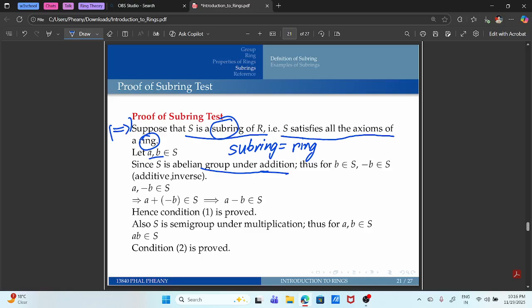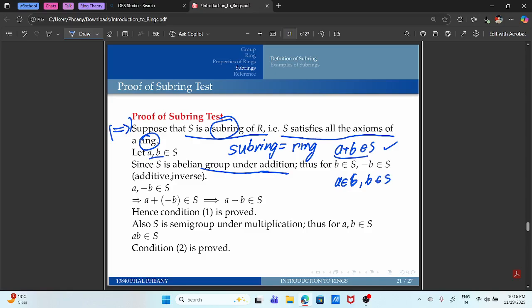So addition a plus b belongs to S; this property is satisfied. So a belongs to S and b also belongs to S.